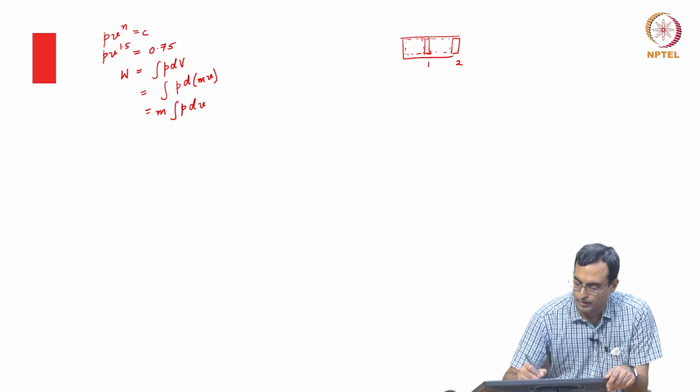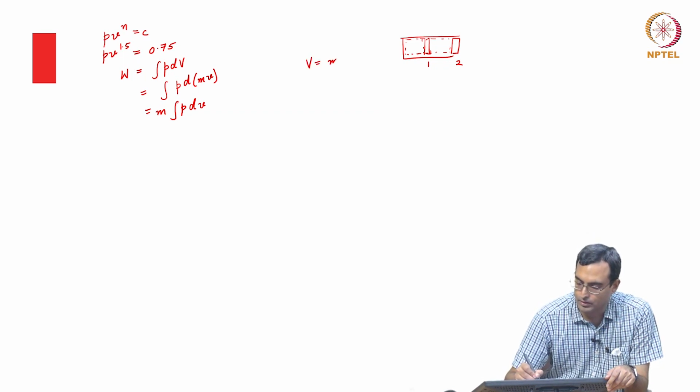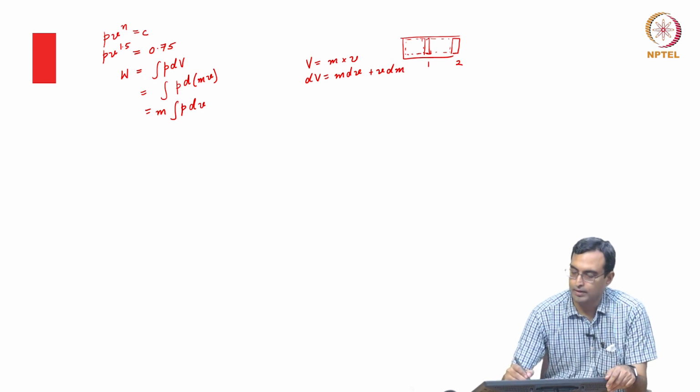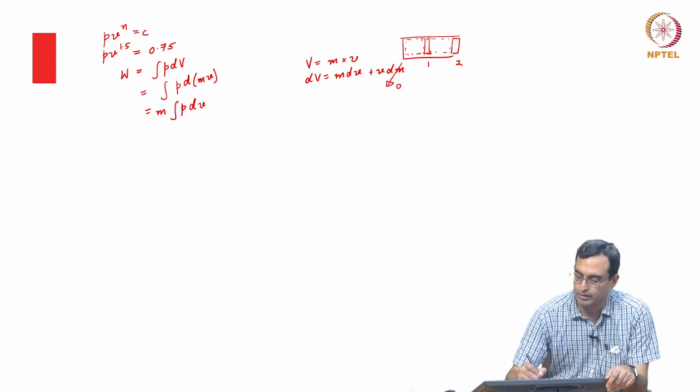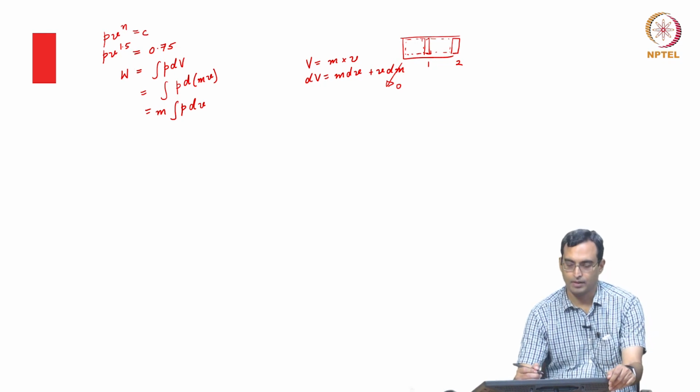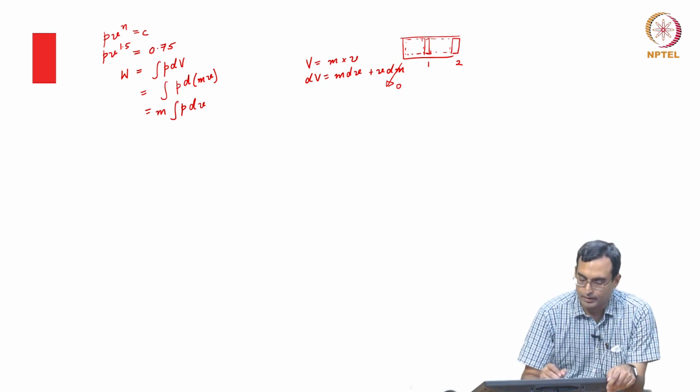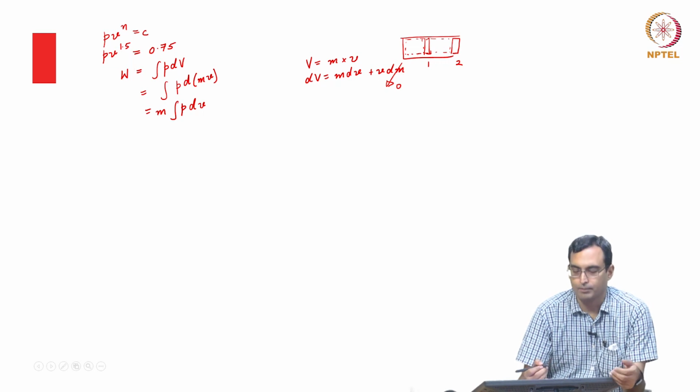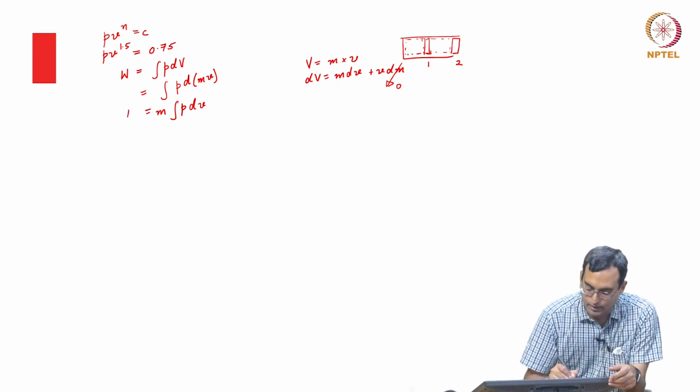So volume is mass into specific volume. Mass is not changing, therefore dm is 0. So essentially dV is m dv. So we have taken the m outside, it's a constant, so we have this expression. We have integrated this earlier, but we can integrate it again as well. This is from 1 to 2.